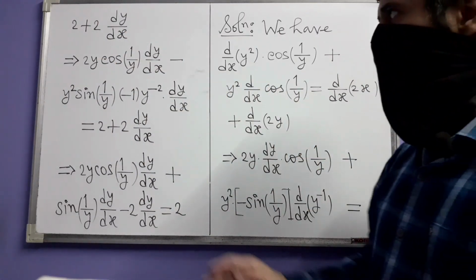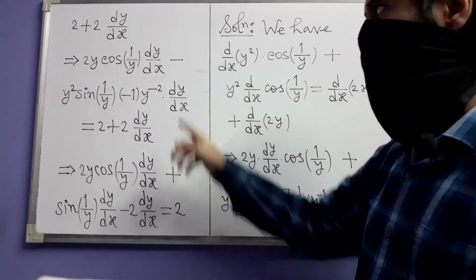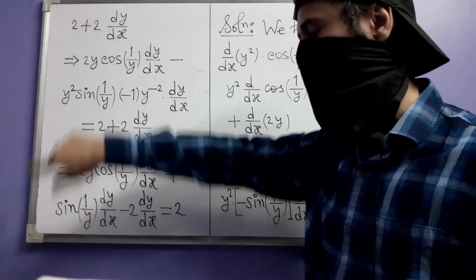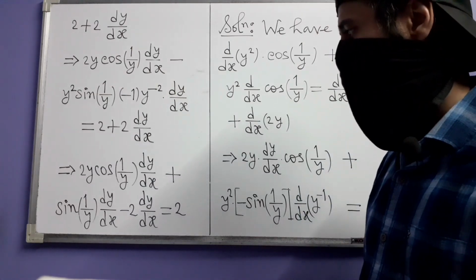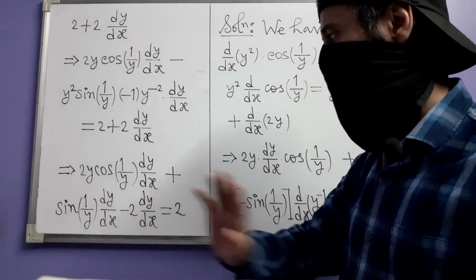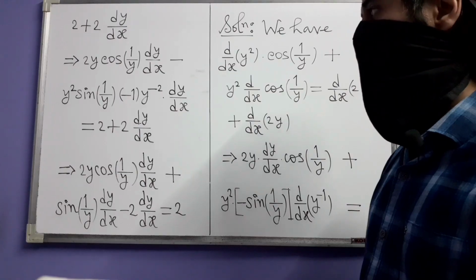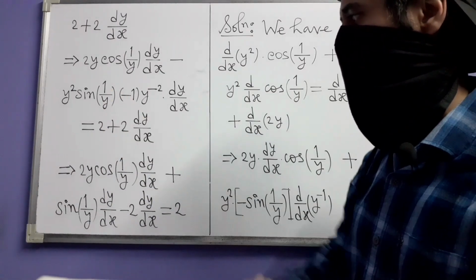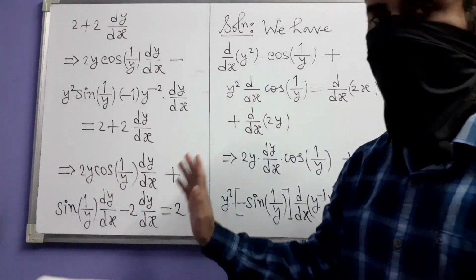Now these two terms already have dy/dx. So let me bring this one also to that side. So that's how we are going to get this. And do not forget that there is a simplification here in this second term. The first term on the left hand side remains as it is.